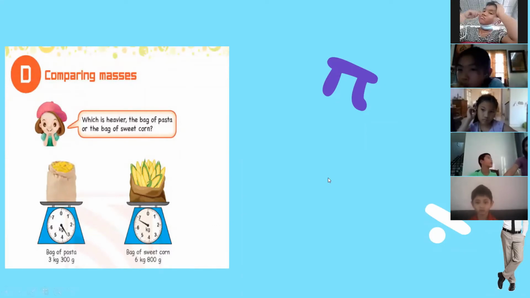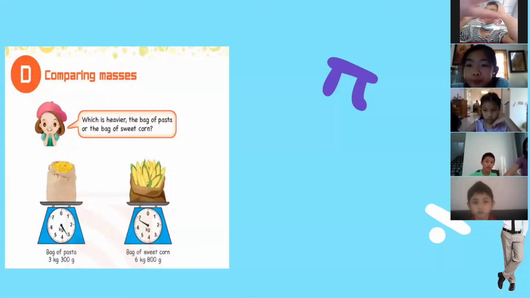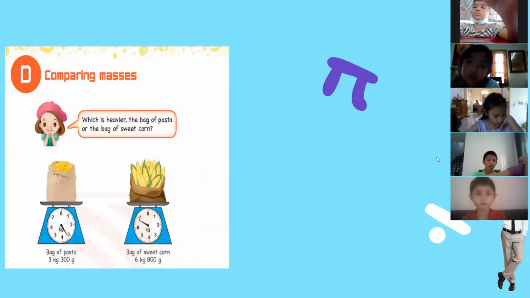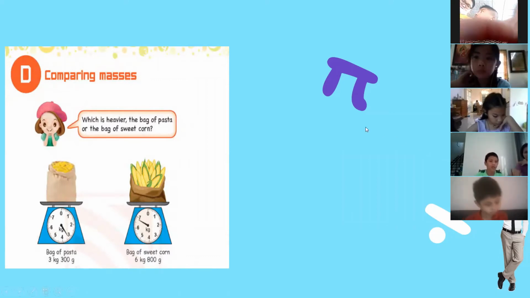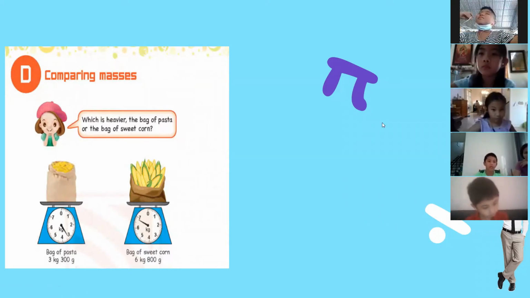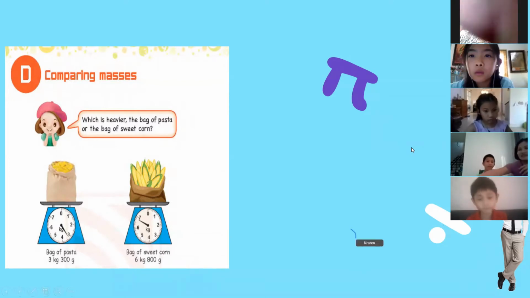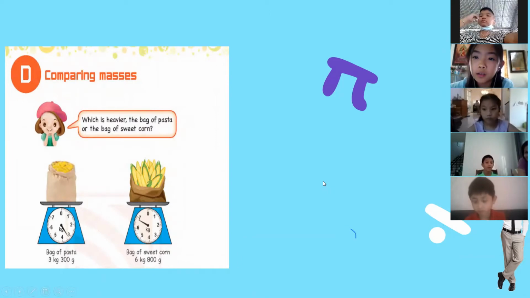Okay, class, our first lesson is about comparing mass. For example, which is heavier, the bag of pasta or the bag of sweet corn? Based on the picture, Chalisara, which is heavier? The bag of sweet corn.